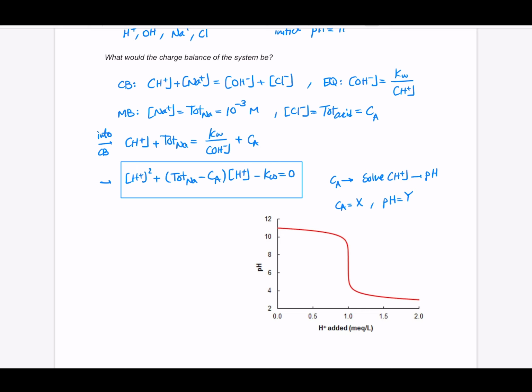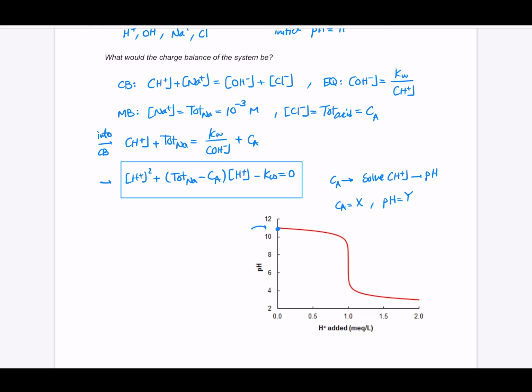So the algebraic solution, what we had, lecture 8, we didn't have this term. And if you calculate the pH for Ca equal to 0, then you get that initial pH of 11, which is basically the case here. So this is, no Ca is added.